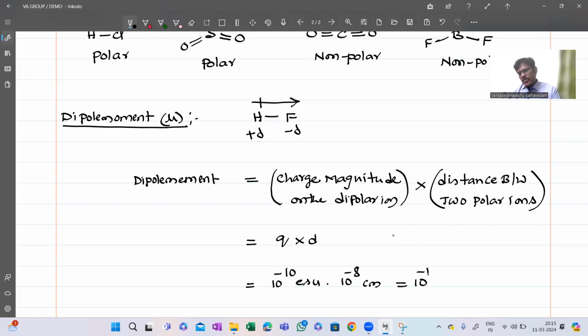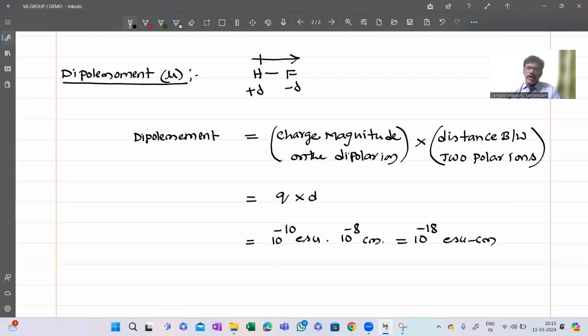That is equal to 10 power minus 18 electrostatic unit centimeters. So let us assume the charge on the dipolar ion is 10 power minus 10 electrostatic units and the distance between the two dipolar ions is about 10 power minus 8 centimeters, then that is equal to 1 Debye.